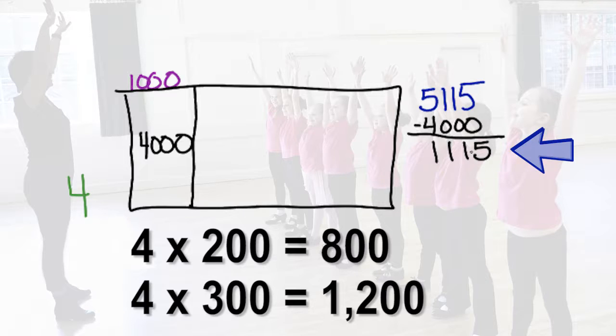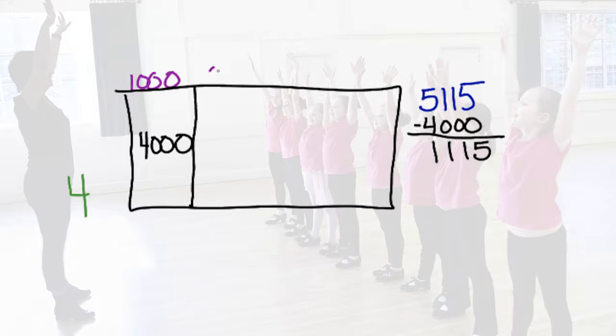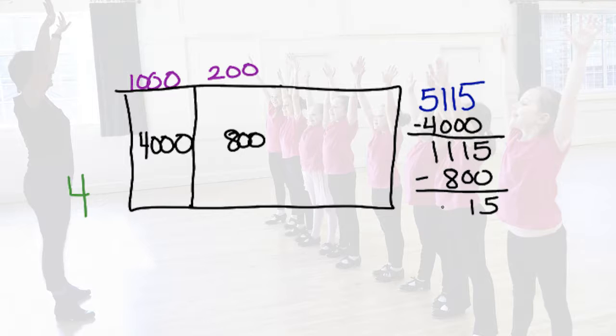We only have 1,115 water bottles left, so we will use 4 times 200. Place 200 at the top of the area model as another partial quotient and write the product of 800 inside the rectangle. When we subtract 800 from 1,115, we have 315 water bottles left.